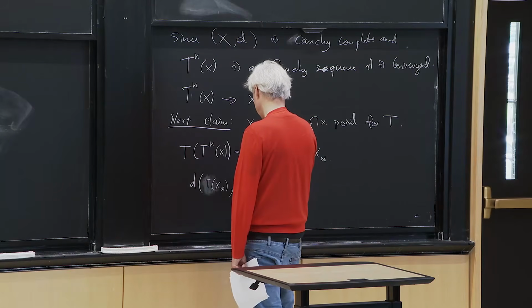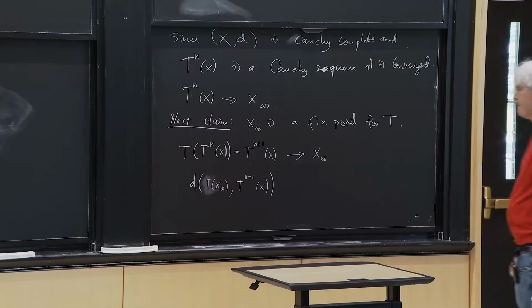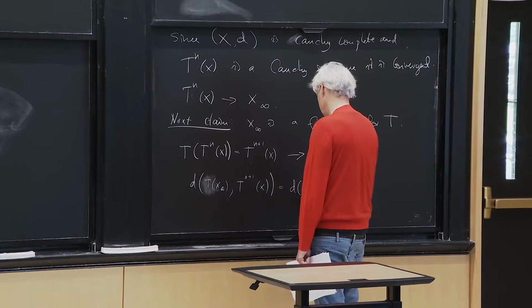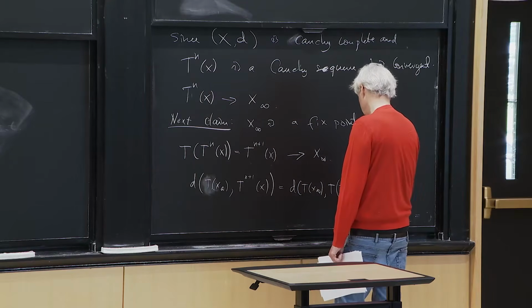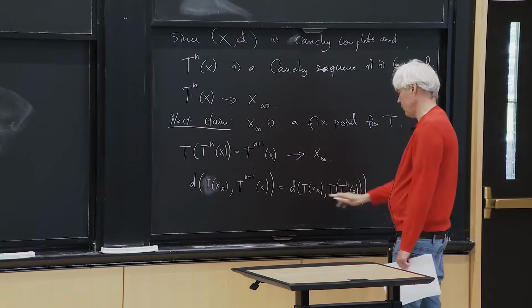T^(n+1) of x. Suppose I'm looking at this distance here, right? Well, this here I can think about as the distance between T of x infinity and T of T^n of x. But here there are now both of these elements.